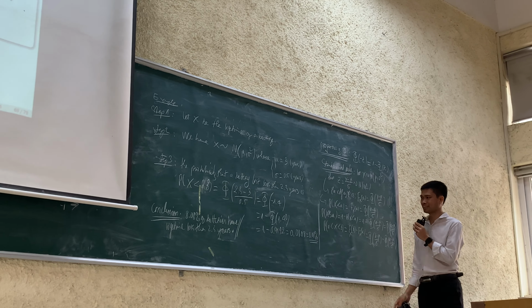What is the probability? Phi of (3.5 minus 3) over 0.5, minus Phi of (2.5 minus 3) over 0.5. Okay.